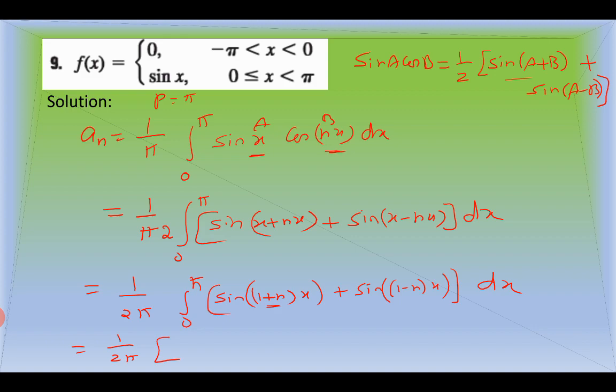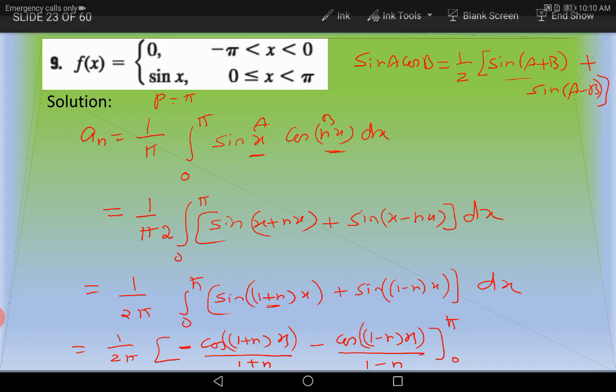Integration of sin is minus cosine, so minus cosine 1 plus n times x over 1 plus n, here again minus cosine 1 minus n times x over 1 minus n, from 0 to pi. And we should carefully take the upper and lower limit.